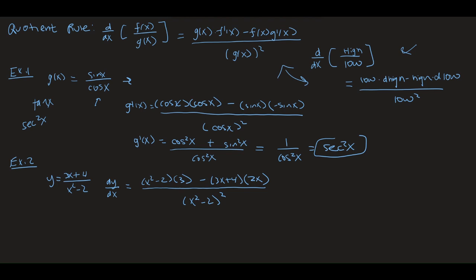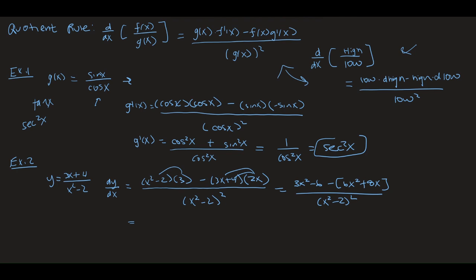Okay, so some simplification. Why don't we distribute out this 3 here? So we have 3x squared minus 6, and then also do some distribution here, minus the quantity 6x squared plus 8x. Then we'll just keep the bottom the same for now.